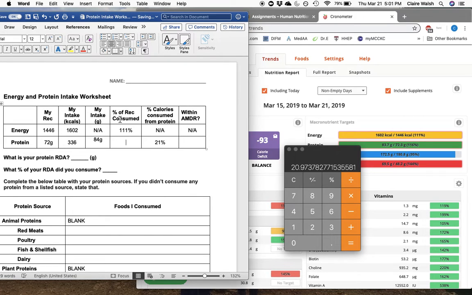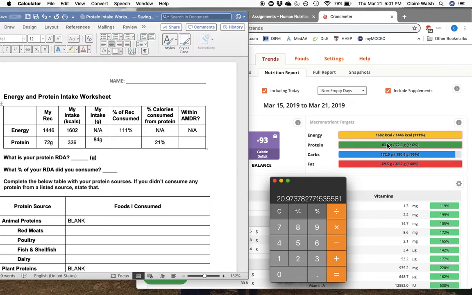For percent of recommendation consumed, you can look right over here at the macronutrient targets section and see that I consumed 116% of my recommended protein intake. Great. Now, you need to look in your notes for the acceptable macronutrient distribution range for protein and determine if this number is within or outside that range.